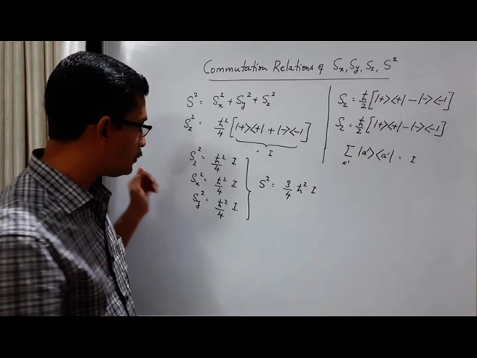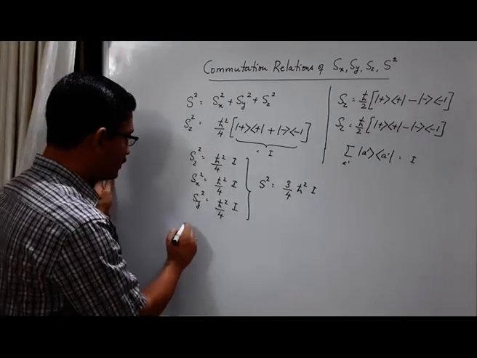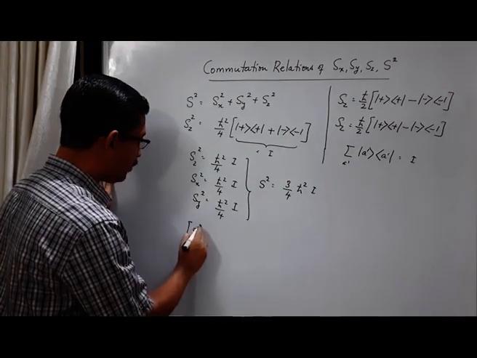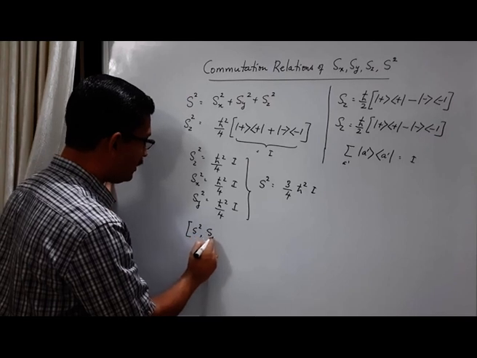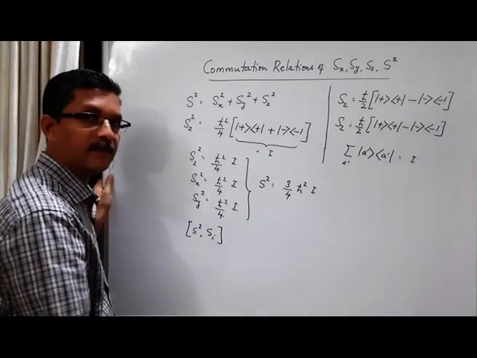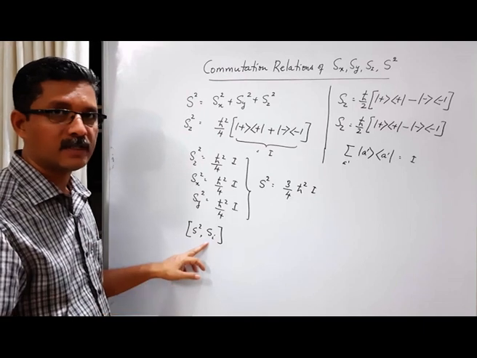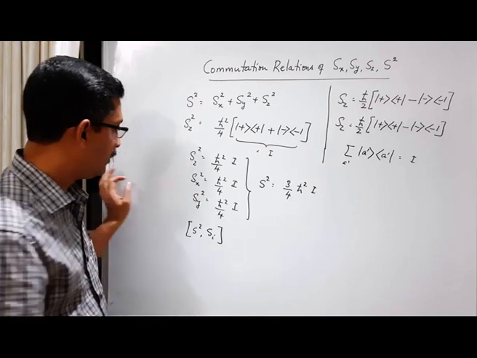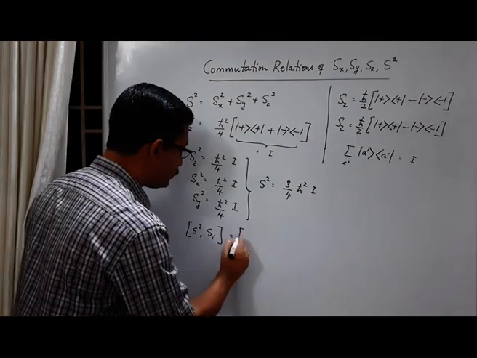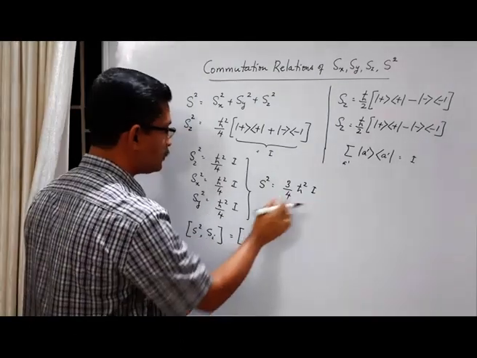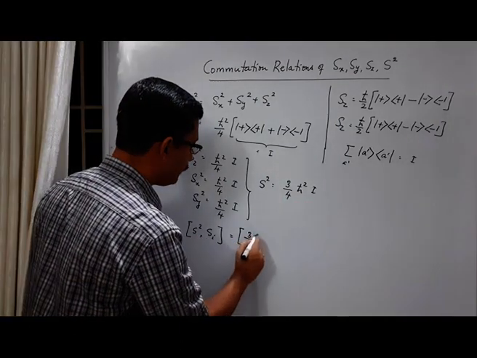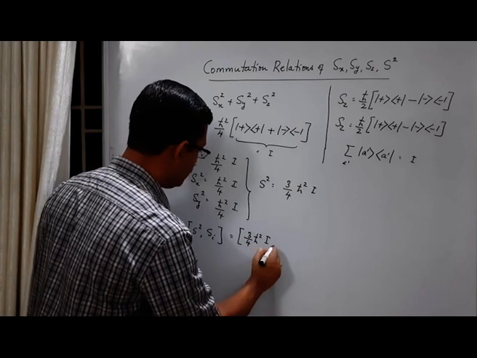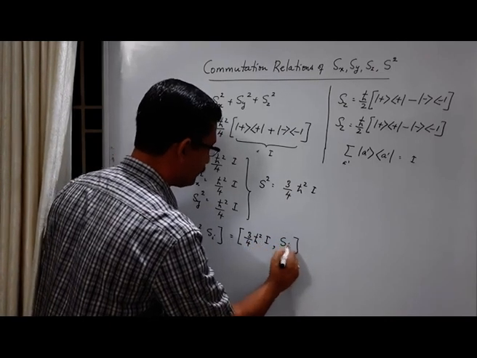Therefore, now let us try to calculate the commutation relation between S square operator and any component of the spin operator Si, where i is x, y or z, or 1, 2 or 3. Now this is equal to, instead of S square operator, let us substitute this. So 3 by 4 h cross square times identity, comma Si.